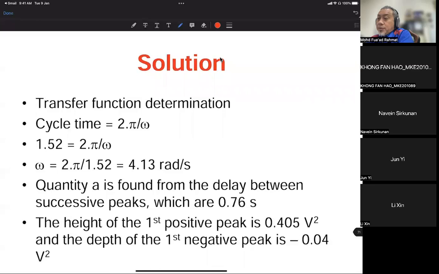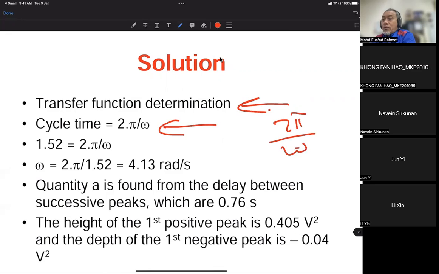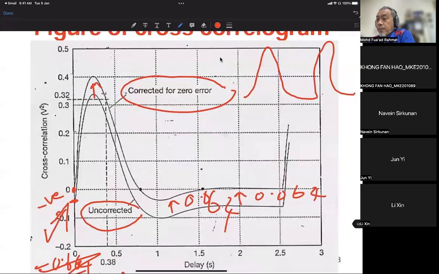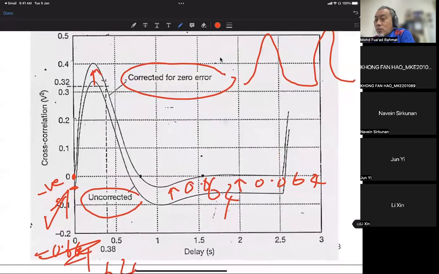For the transfer function determination, first you calculate the cycle time, which is 2 pi divided by omega. Then 2 pi over omega is 1.52 seconds.